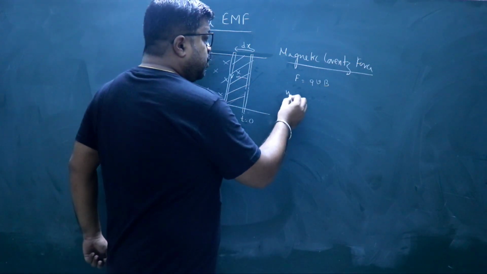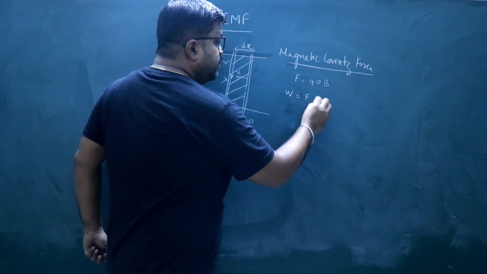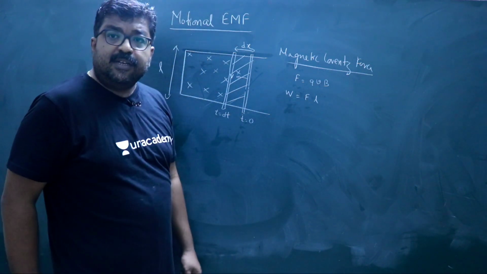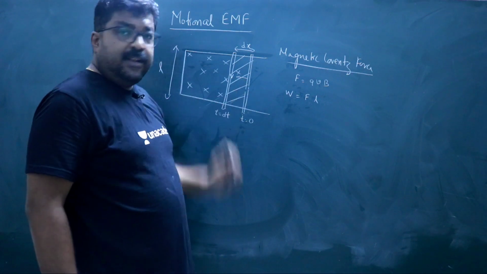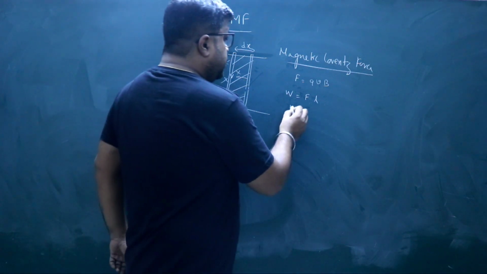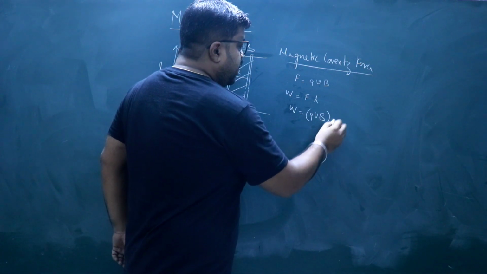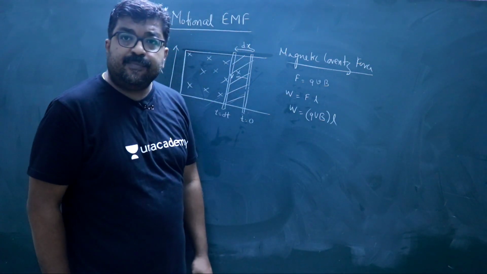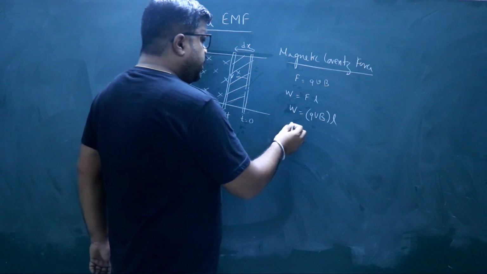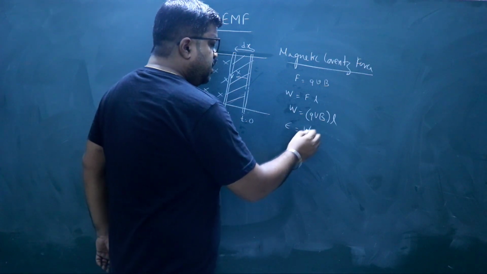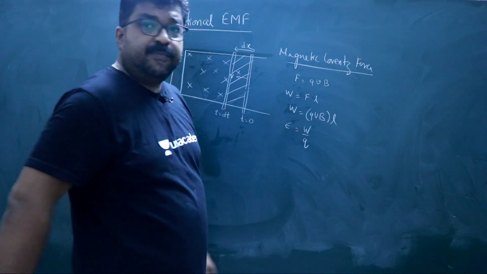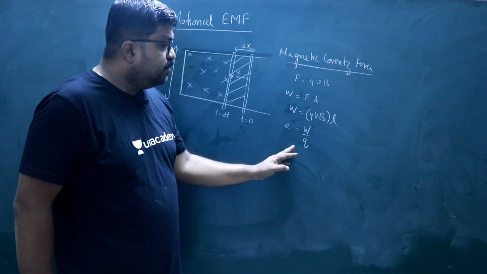So what will be the work done? Work done is force times distance traveled, and displacement is L. So work done is equal to force, which is QVB, times L. Now what is the EMF? EMF is work done per unit charge.